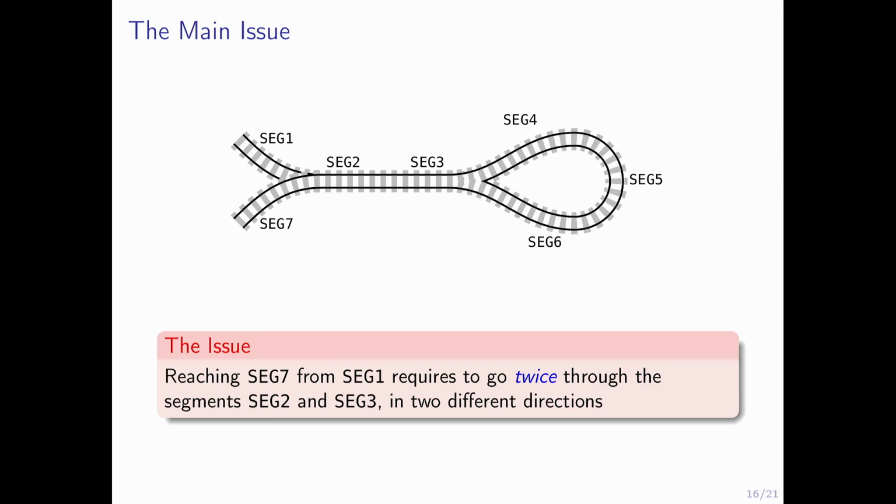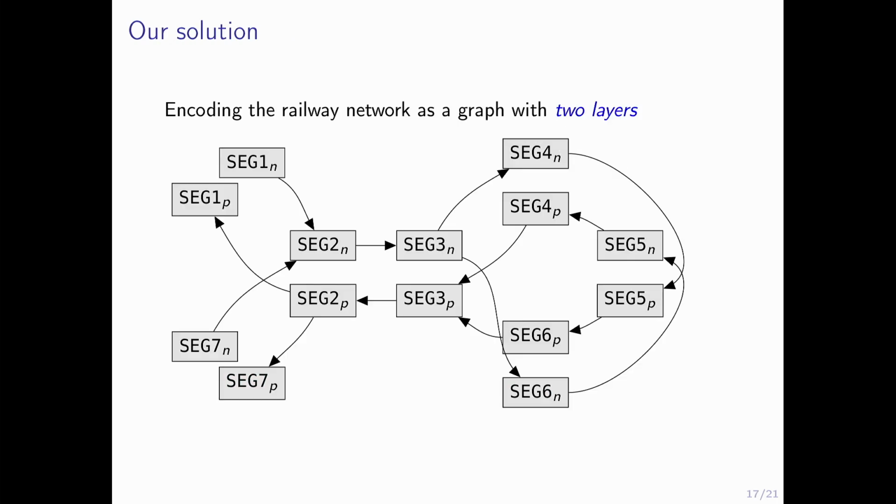But even with the constraint of going always forward, you will go seg1, seg2, seg3, seg6, seg5, seg4, but when you return, the problem we have is that any kind of algorithm that does reachability cannot visit a node twice. So once seg3 has been visited, when we go back, we cannot visit seg3 again, so we couldn't reach seg7.